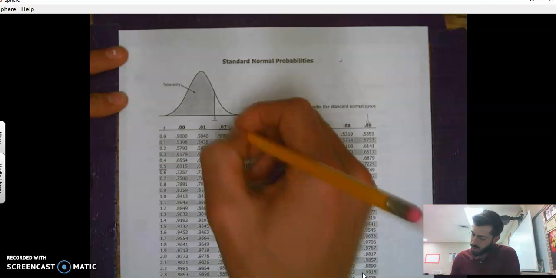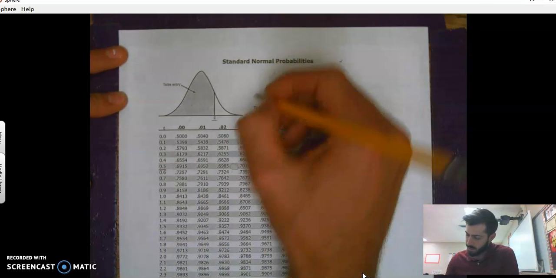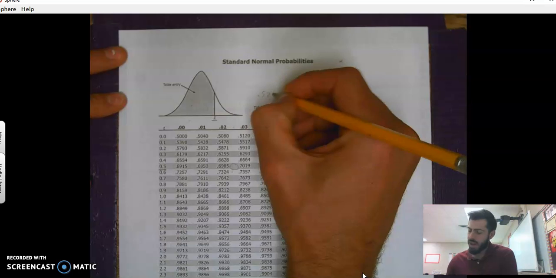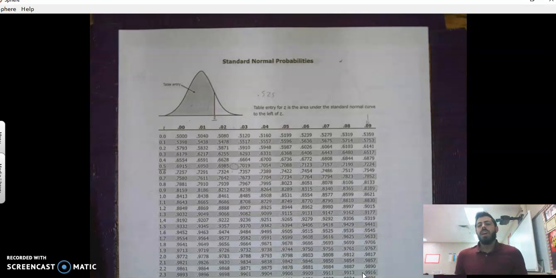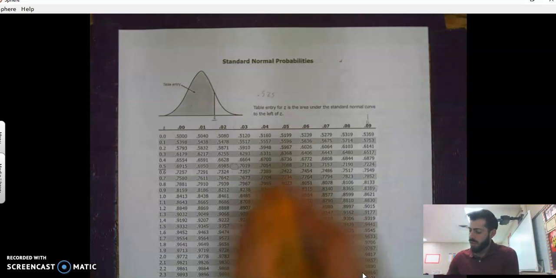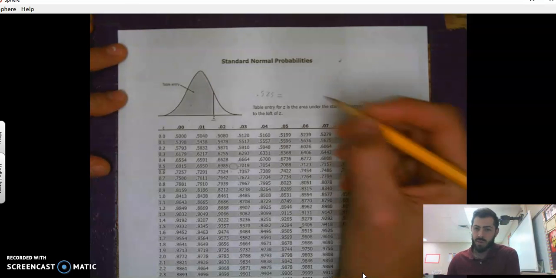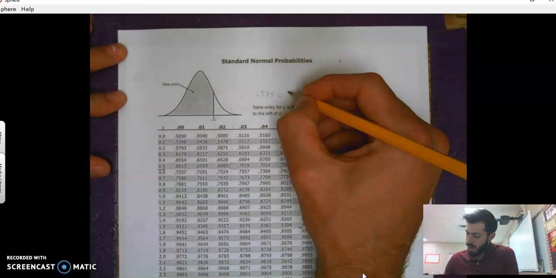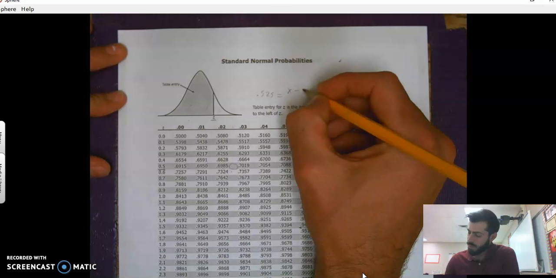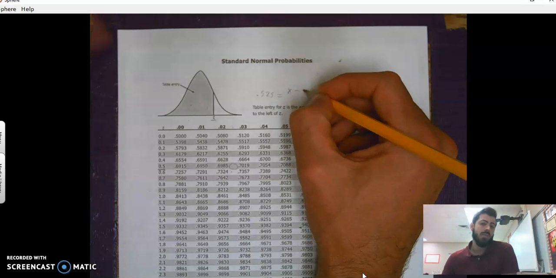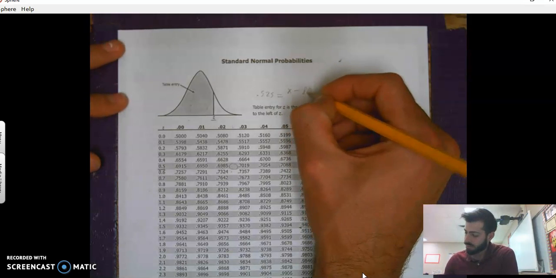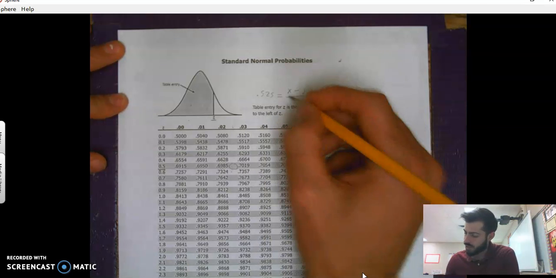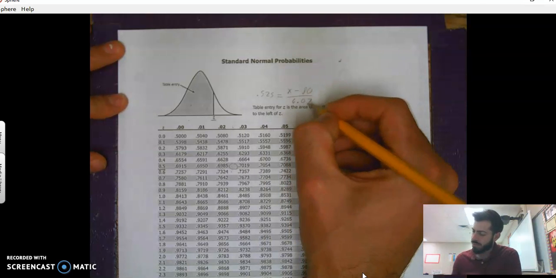So my z-score, hypothetically in this case, would be 0.525. That doesn't really tell us a whole bunch, but what we can do is say, well, I know the formula for the z-score is just my observation minus my mean, which, assuming it's the same test, was 80, divided by my standard deviation, 6.07.